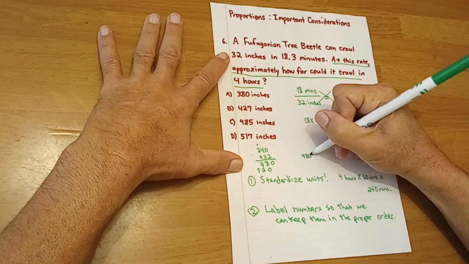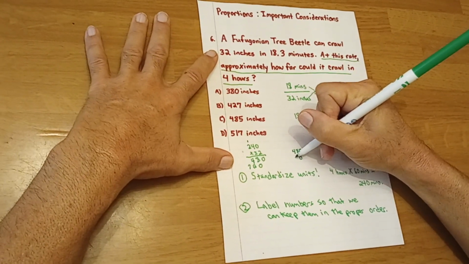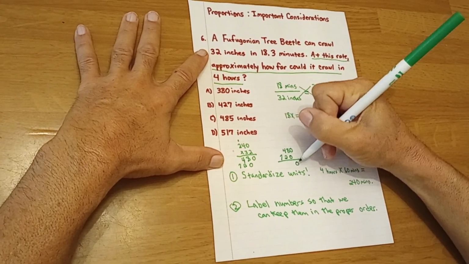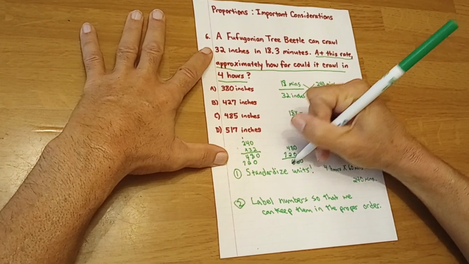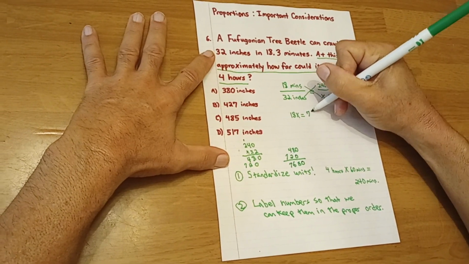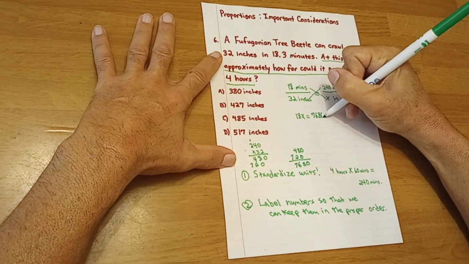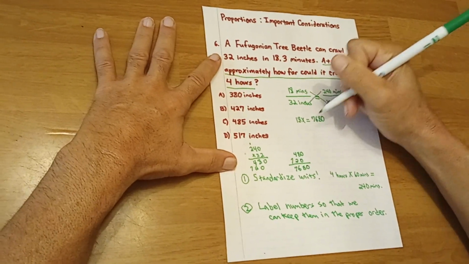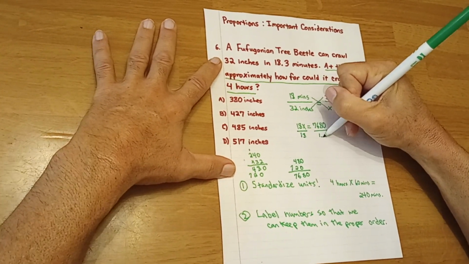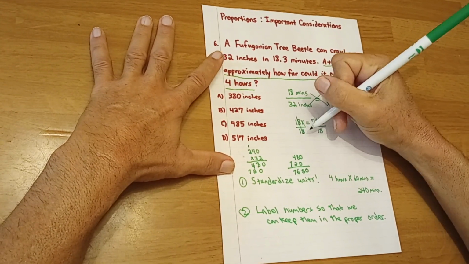I got 480, and then 720. I add that, it's going to be 0, 8, 6, 7. So 18x is equal to 7680. Now to solve for x, I divide both sides by 18.